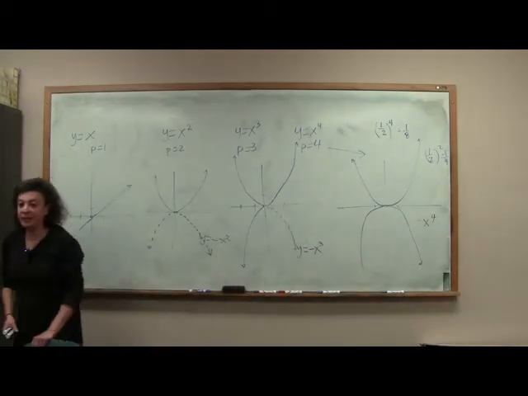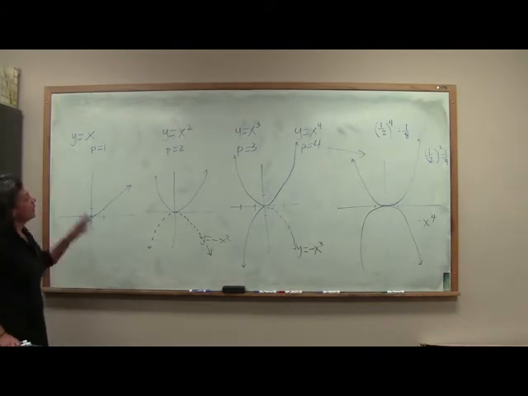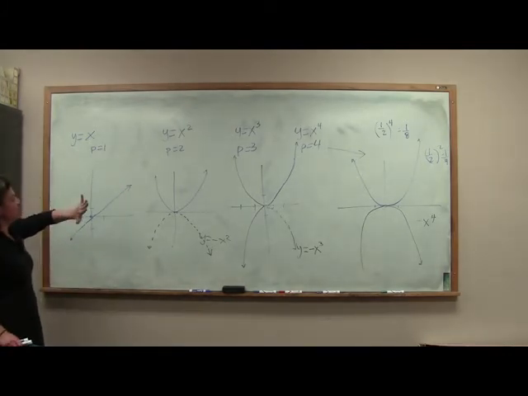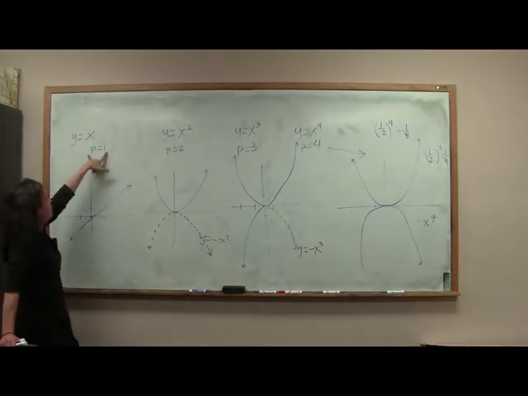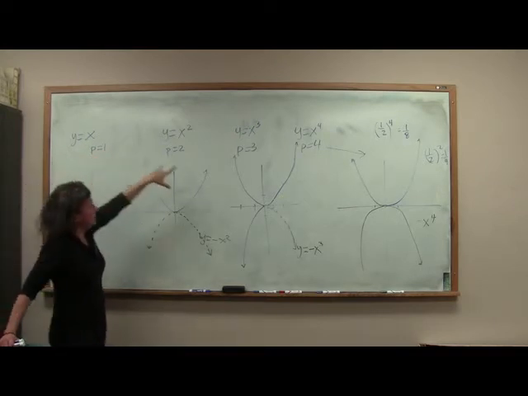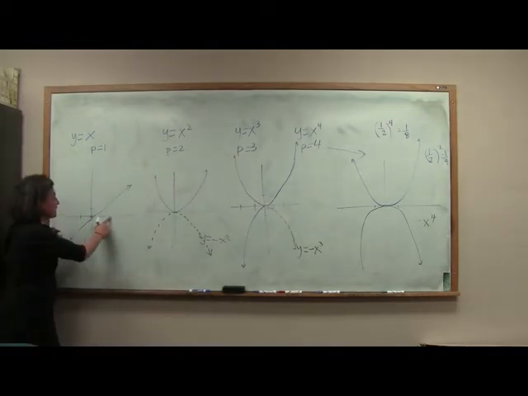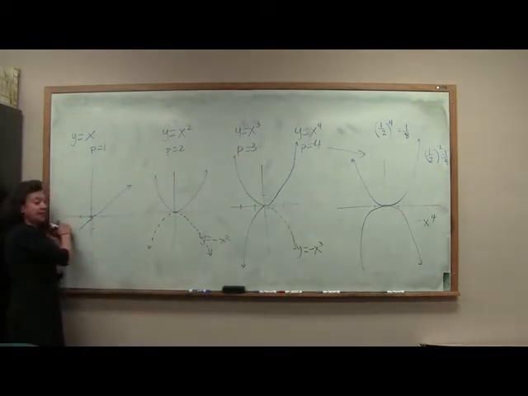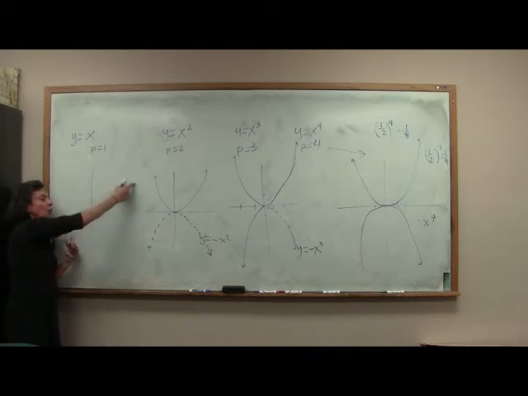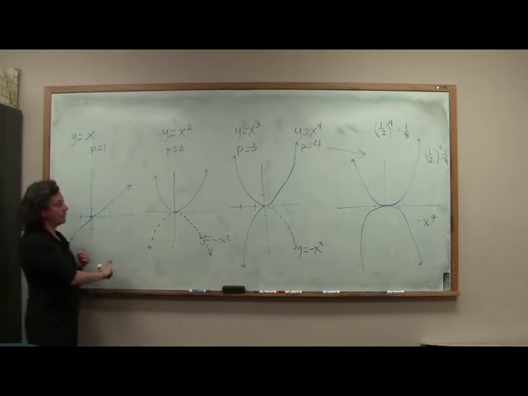So what is the point that I'm trying to make? What I want you to see from this is the following. Notice when my exponent, when my power is odd. Do you guys agree as x gets large and as x gets small, one arm goes up and one arm goes down?